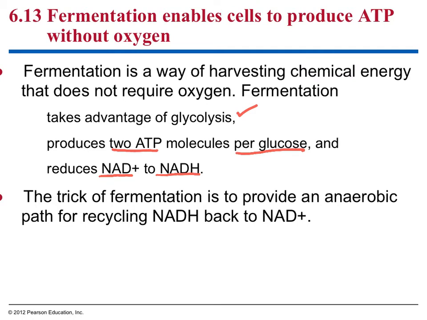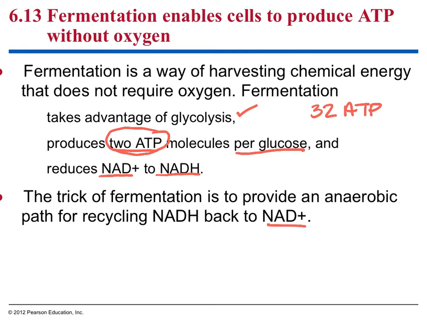So remember that at the end of aerobic cellular respiration, we have about 32 molecules of ATP produced. Well, fermentation doesn't produce nearly that much energy. It only produces about 2 ATP. But you know what? It's energy. So that's good. With fermentation, though, the trick is to provide a way for the enzyme NAD to be recycled.